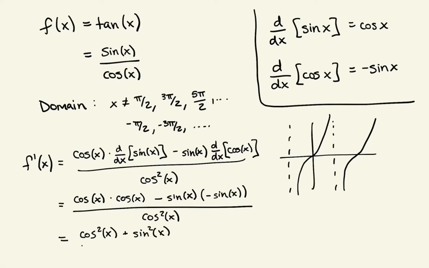Okay, so combining these together, we can see that the numerator turns out to be cosine squared x plus sine squared x. And that is a very important trig identity because for any number, cosine squared x plus sine squared x will be equal to 1.